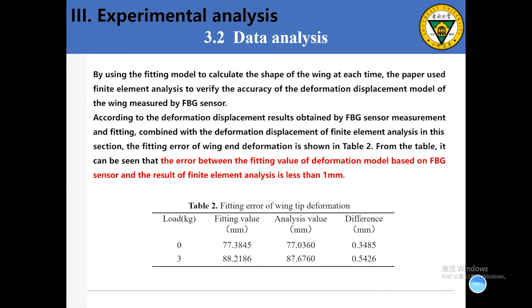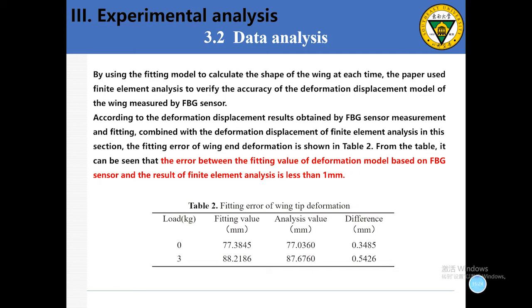By analyzing, we can know that the figure area of wing tip deformation is gained in Table 2. By using the fitting model to calculate the shape of the wing at each time, the paper used finite element analysis to verify the accuracy of the deformation displacement model of the wing measured by FBG.